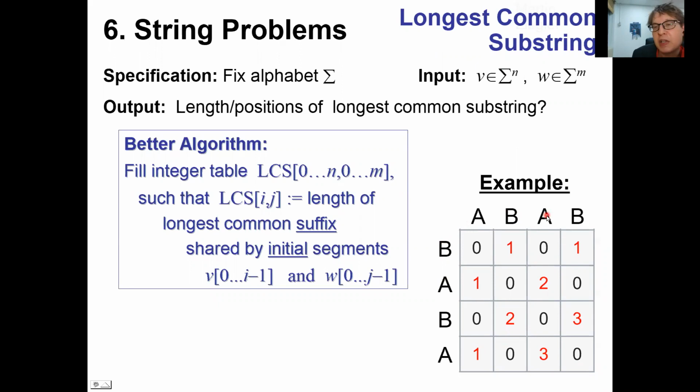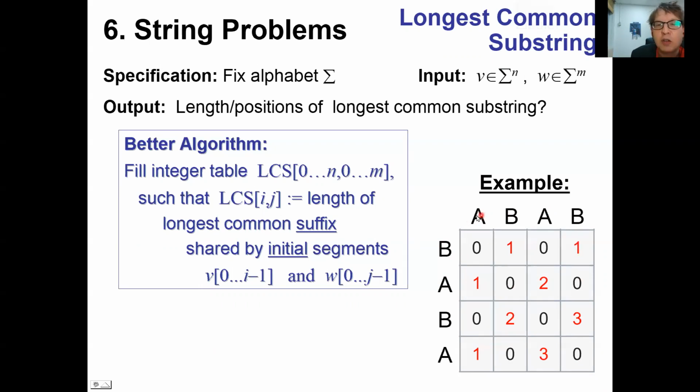Not just as substrings, but as suffixes, because we only consider the initial segments up to this position, BA and BA, and therefore the length of the longest common suffix is 2, and so the entry here is 2. And so on. Similarly, let's consider this entry.